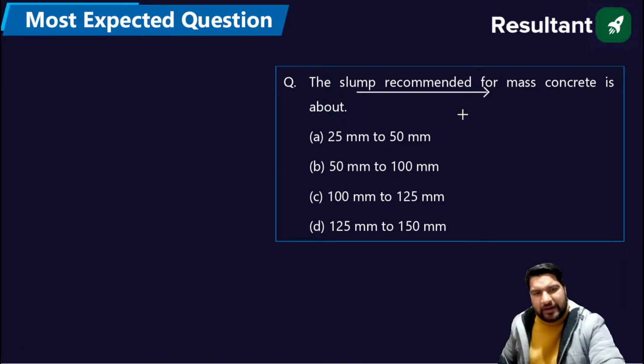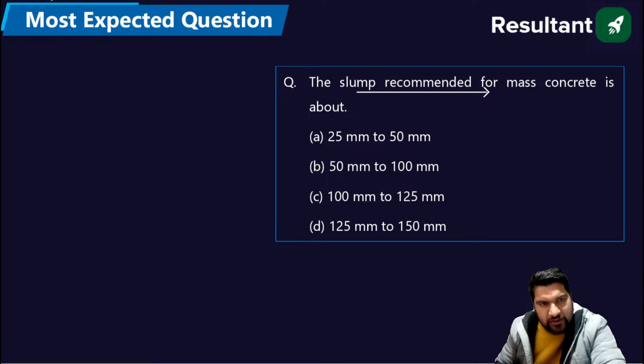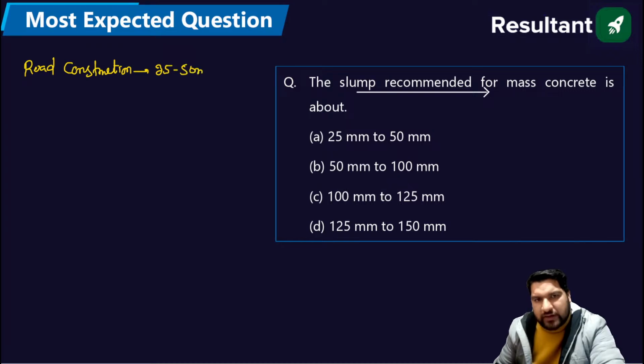I'll write down for the road construction. For road construction, answer A, we'll use 25 to 50 mm. For mass concreting, we'll use the same value, that is 25 to 50 mm.